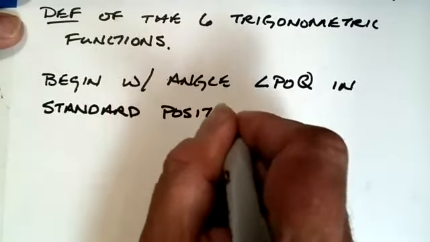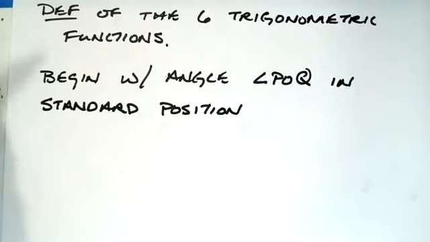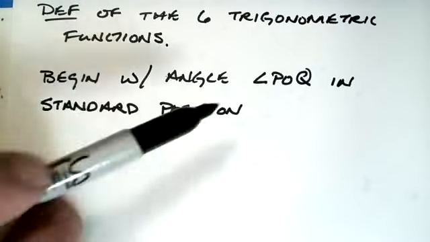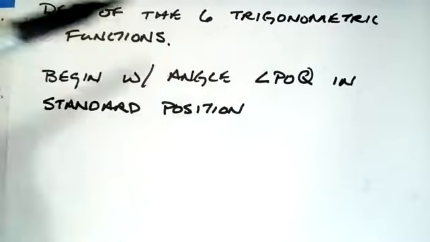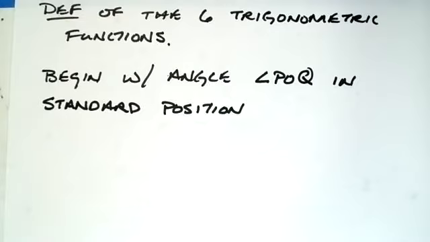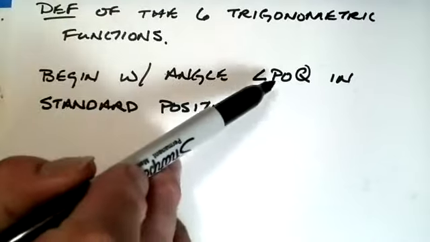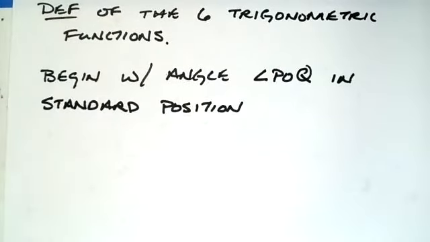Everybody remembers what standard position is, right? That's where the vertex of the angle is at the origin of the XY plane, and one of these rays is coincident with the positive x-axis. In almost every case, P is the point that is potentially not on the x-axis.